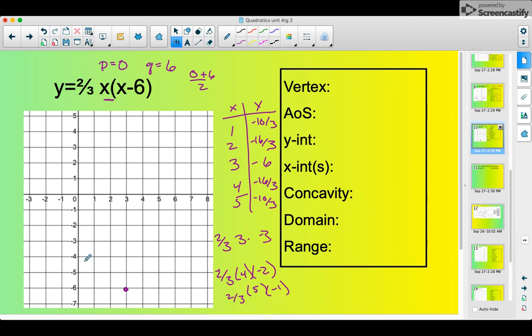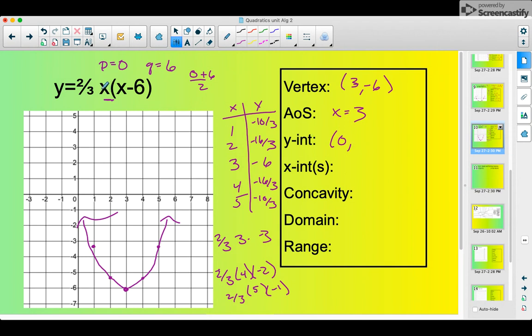16 over 3 is just a little bit bigger than 5, so that would be about there, about there. 10 over 3 would be a little bit bigger than 3, so there and there. Okay. So, vertex 3, negative 6. Axis of symmetry, again, always matches. Y-intercept. This time I didn't find it on my table, so I've got to plug in 0.